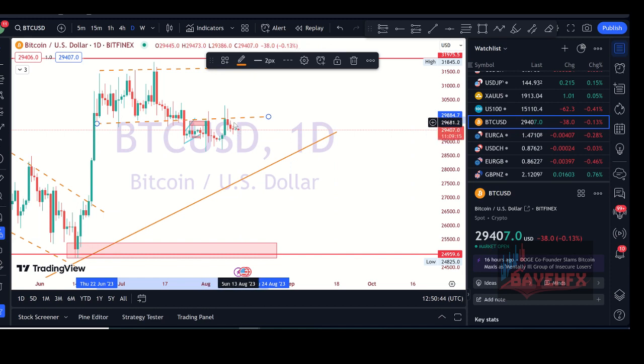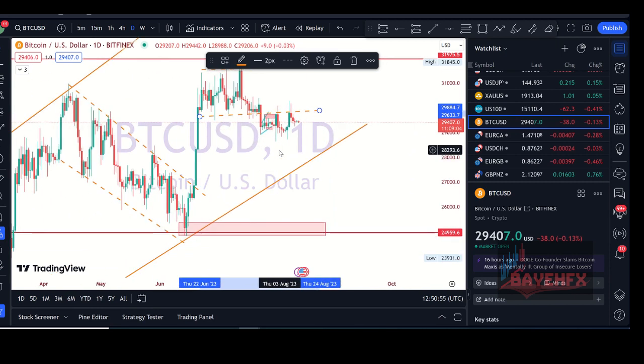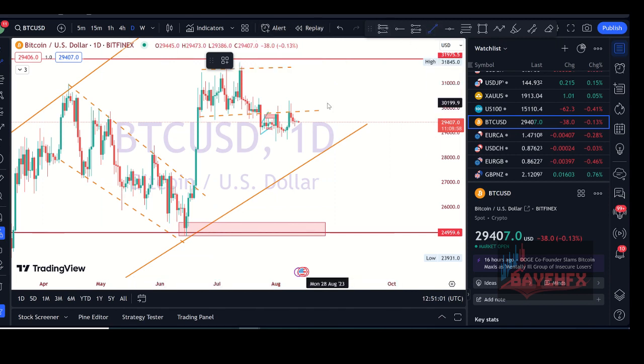So we are still trading below that particular resistance zone. So we might be seeing the market coming back to this particular zone, around 28. I think that's where we'll get a lot of confluence around here. This could signal where we might get support for BTC, and then we have a bullish push to the upside.